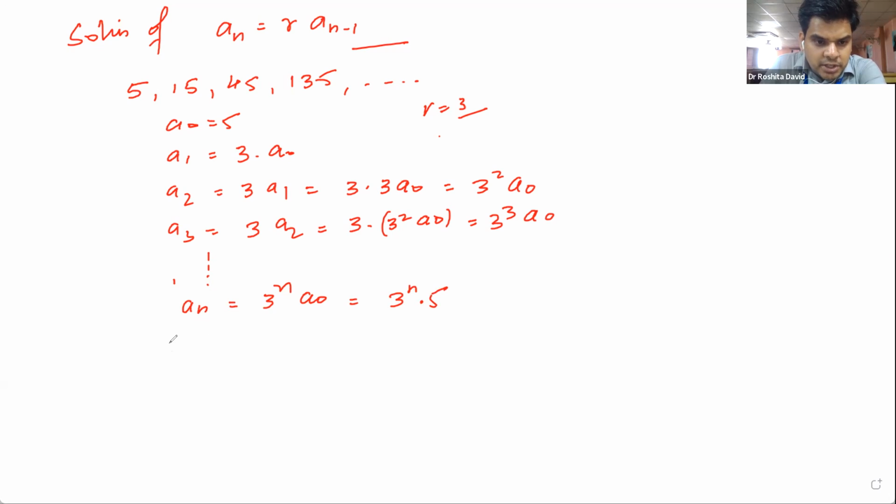So we have a unique solution of this linear first order homogeneous recurrence relation, which is an is equal to r to the power n a0.